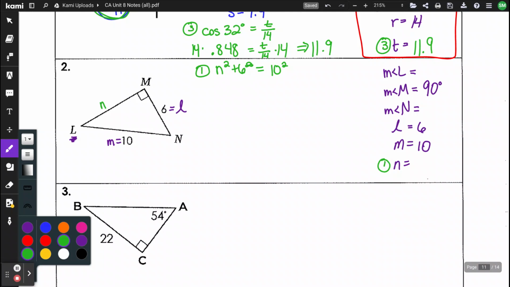Remember, 10 is your hypotenuse, so that's going to go on the side by itself. N squared plus 36 equals 100. If we subtract 36 from 100, we end with 64. And the square root of 64 is 8. Well, that worked out nice.